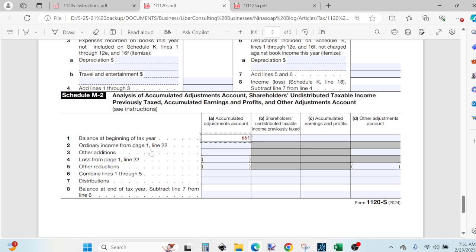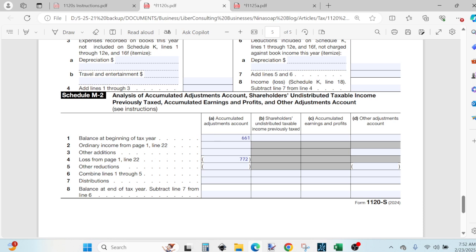And then ordinary income from page 1 line 22, we don't have income, we have a loss, so we are not going to put anything. Other addition, if you have other addition, you'll add a loss from page 1 line 22. That's where we'll put our loss of 772, because you already have that minus parenthesis there. And then other reduction, we don't have any.